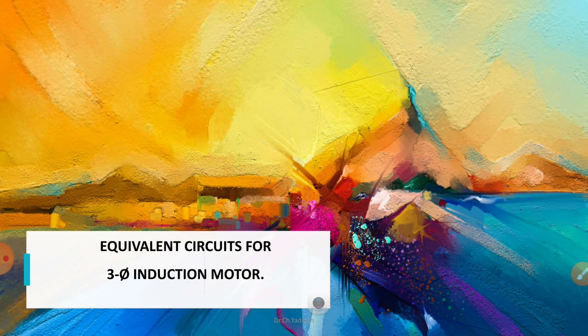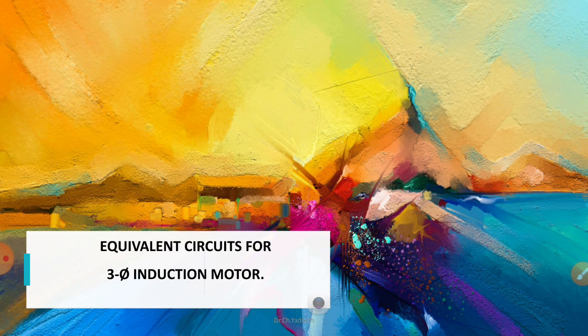Now, this similarity you have already learned at second year level. Here the primary is just like our stator winding, and the secondary is just like the rotor winding. The primary is given the supply, here our stator winding is given the supply, and the secondary is connected to the electrical load.